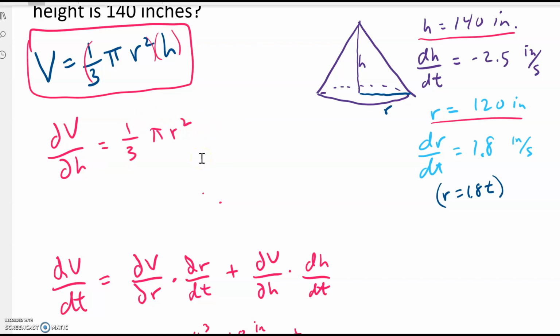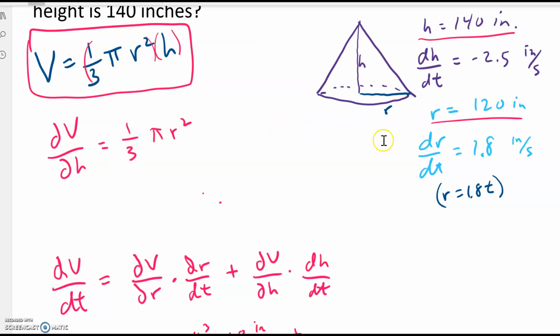All right, so interesting that h is not a player in this. In essence, volume is increasing, or in this case decreasing, linearly. So the derivative is constant, changing in a linear fashion with respect to h.